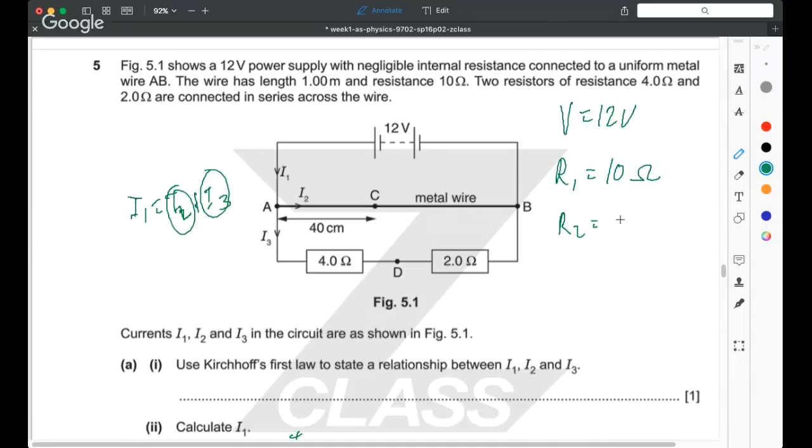So 12 over 10, won't it? But this is only I2, if you calculate from over here. So resistance 2 is some ohms and resistance 3 equals another 2 ohms. So you see the difference in the potential. The total potential difference is 12 volts.